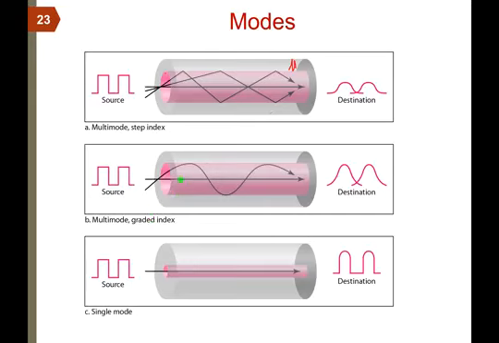You see, the density here does not change suddenly. It changes gradually. So when you send light, it will not reflect suddenly. It will step by step bend, so it will be more curved than in this case. This is called multi-mode graded index.